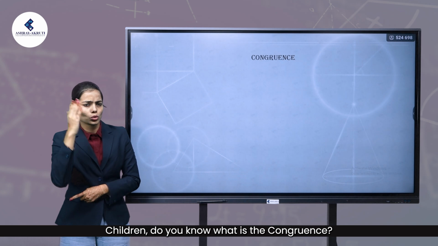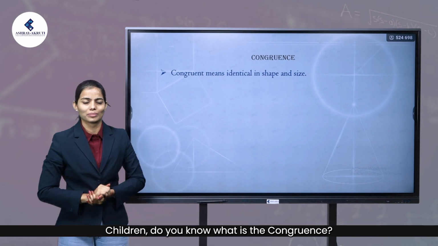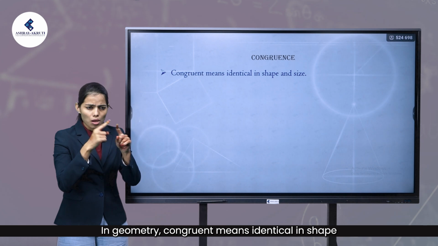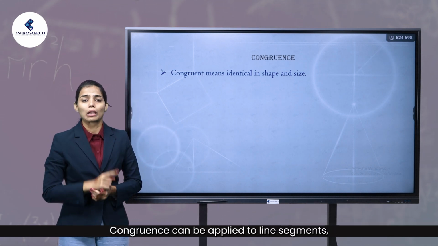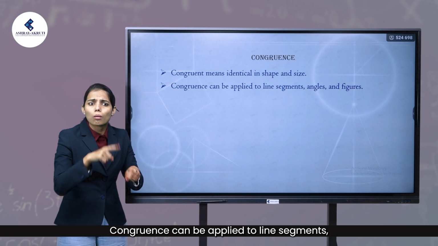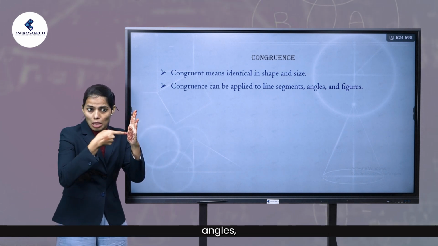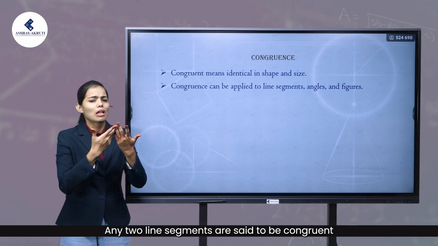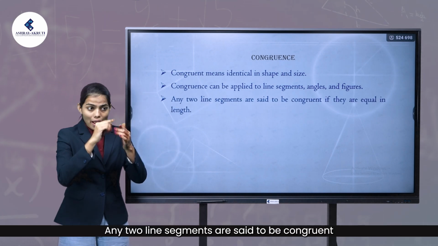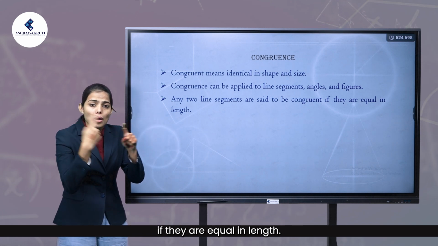Children, do you know what is the congruence? In geometry, congruent means identical in shape and size. Congruence can be applied to line segments, angles, and figures. Any two line segments are said to be congruent if they are equal in length.